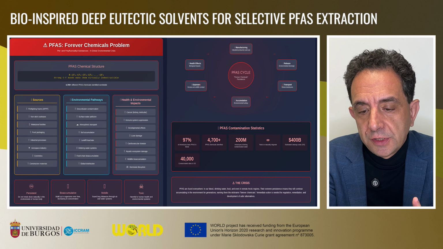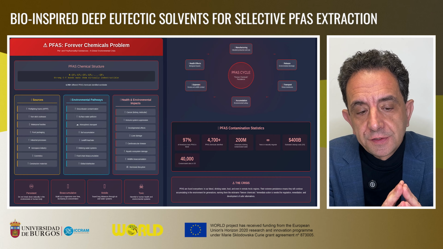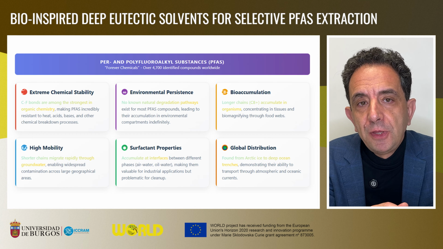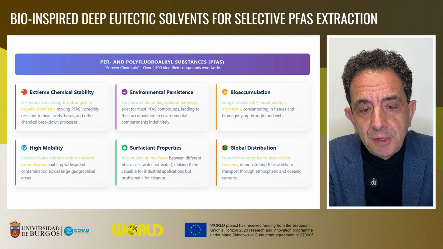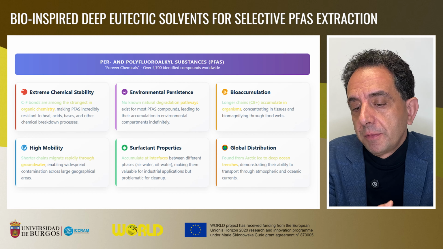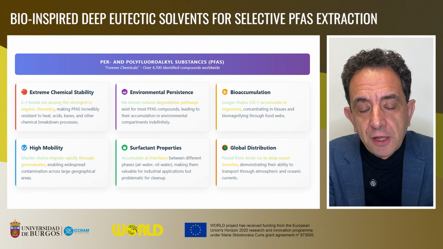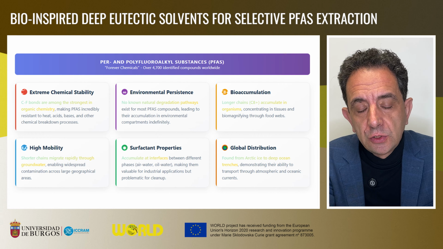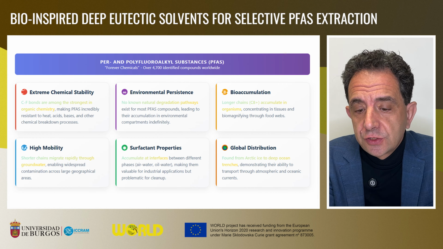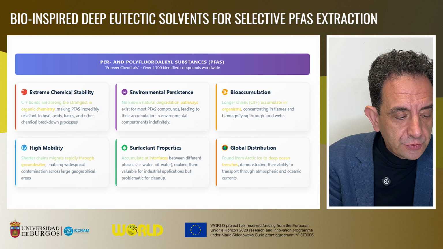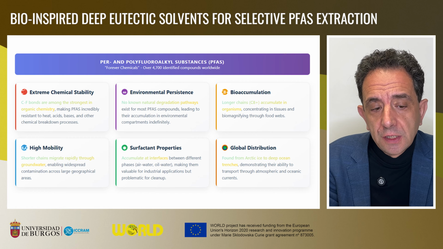The key properties of these compounds are their extreme chemical stability, their environmental persistence, their bioaccumulation, they can be present in our tissues for very, very long times. The high mobility, once they are present in the environment, they move from soil to water to air. They show surfactant properties, and right now they show global distribution across the whole planet.